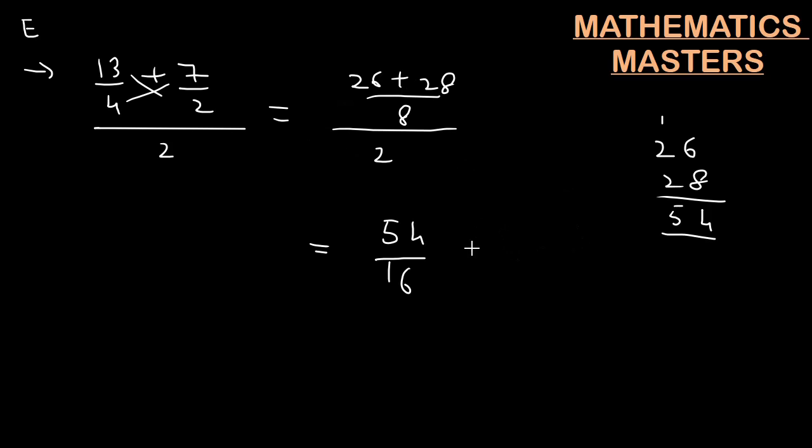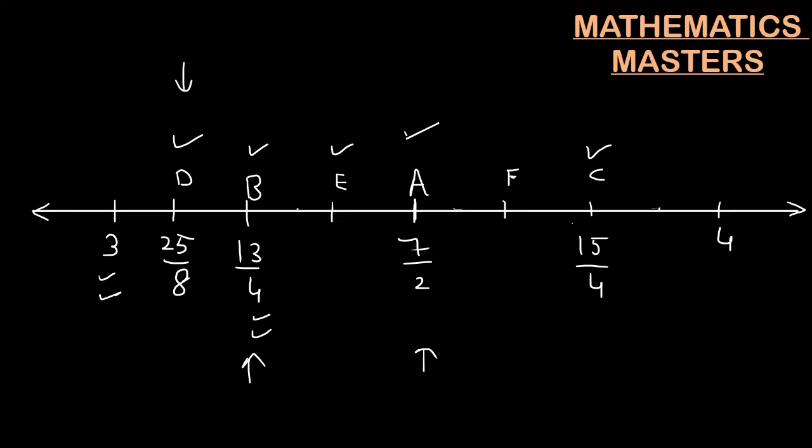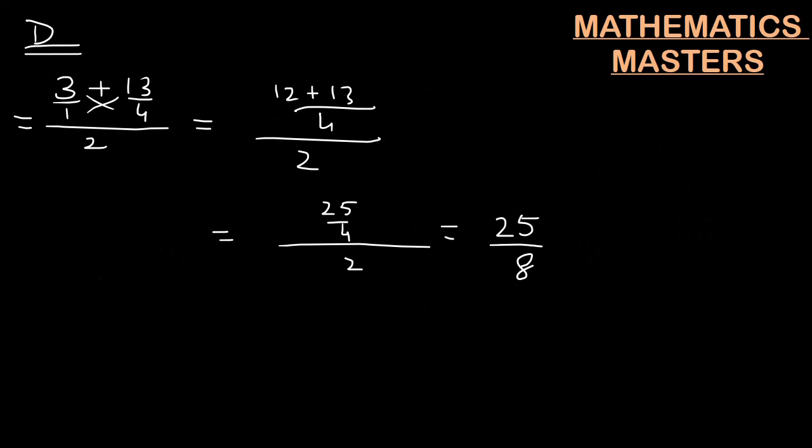Now we can simplify it. It gets cut by 2. So the answer is 27 upon 8. So the rational number that E represents is 27 upon 8.